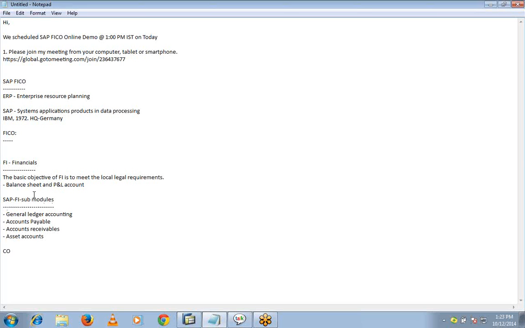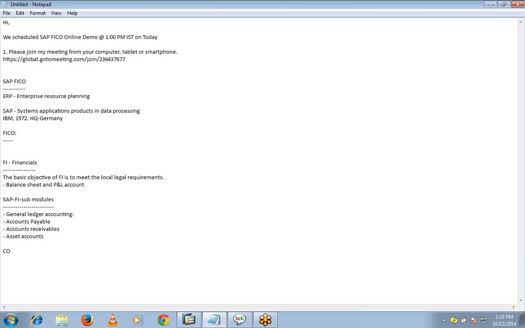First, we'll take general ledger accounting. What are we going to get out of this general ledger accounting? If I am configuring my system for general ledger accounting, what would I get? Now, I am just giving the definition of general ledger. General ledger is a place where you can create multiple GL accounts.